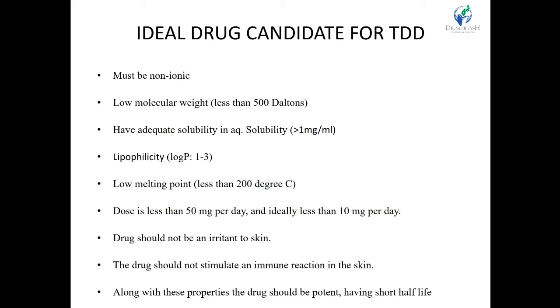High lipophilicity is ideal for permeability, with a log P value of more than 3 or 4, and a low melting point. The dose is also ideally less than 10 mg per day, which is ideal for transdermal use.